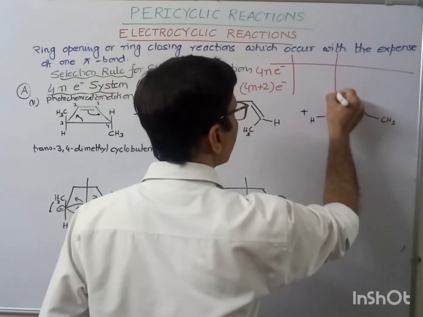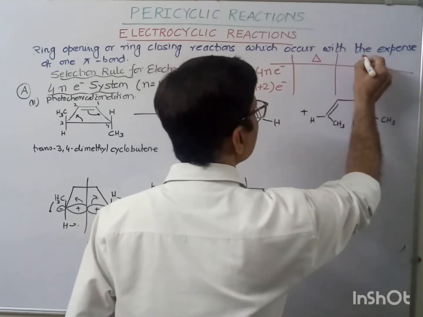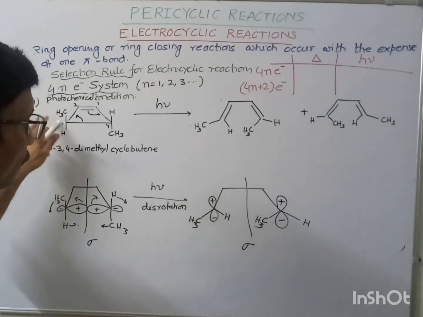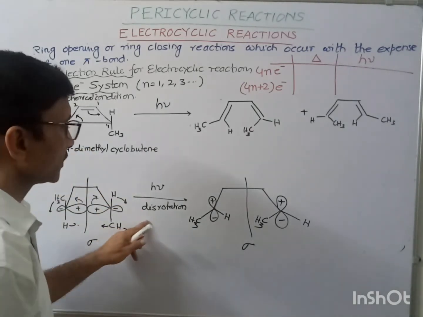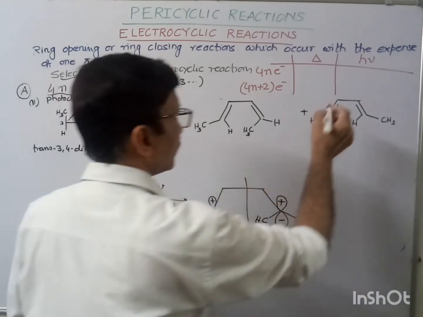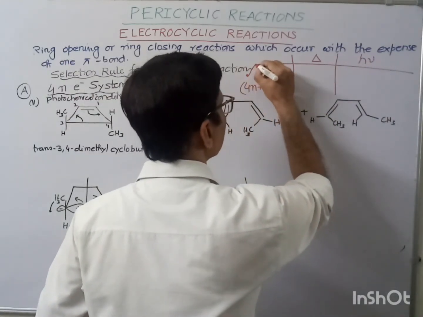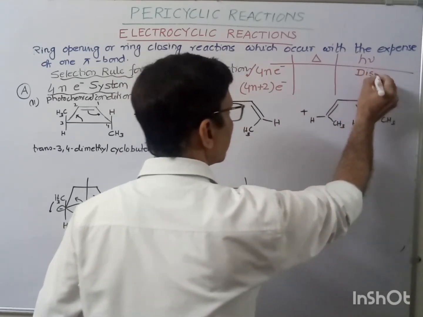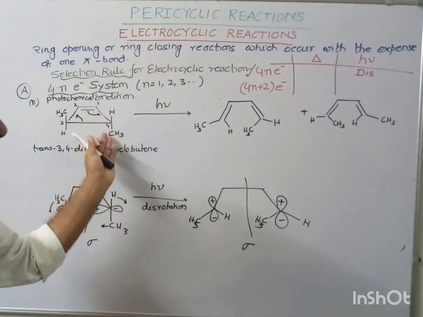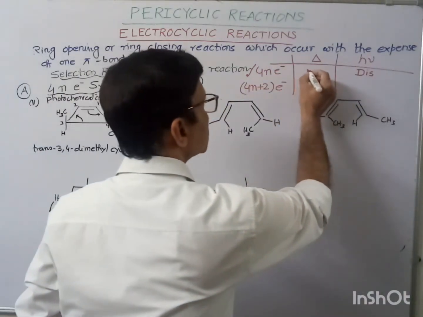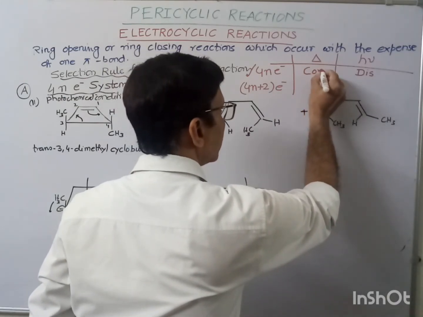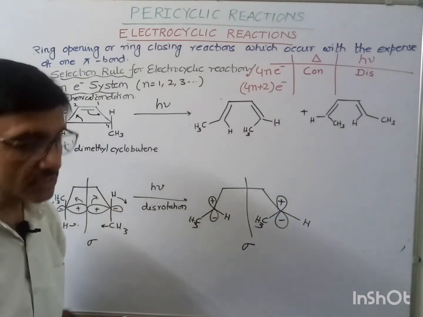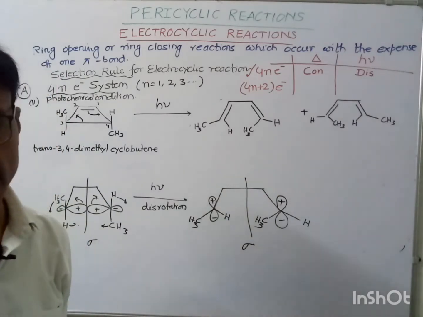Under photochemical condition, what kind of motion of the orbital? The orbitals rotate in a disrotatory manner. Whereas what we saw earlier, under thermal conditions, the orbitals move in a conrotatory fashion, so that we get the required product. So this is the rule for the 4n electron system.